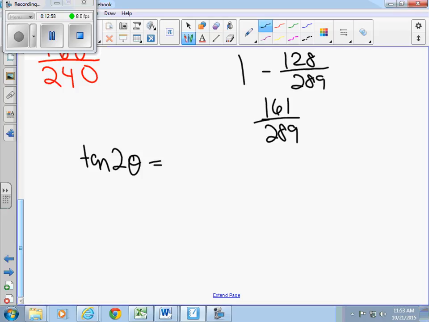Does it matter which one you do? Does everyone agree that this is equivalent to sine of 2 theta or cosine of 2 theta using a different identity? And what was the sine of 2 theta?